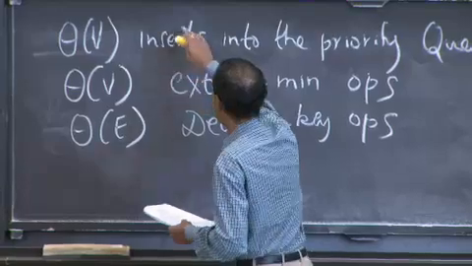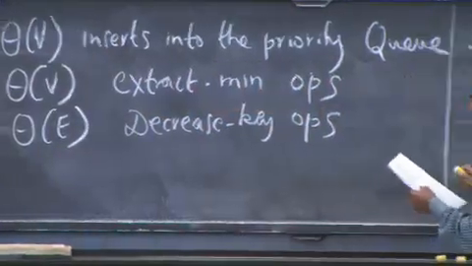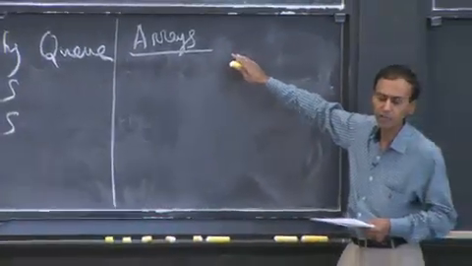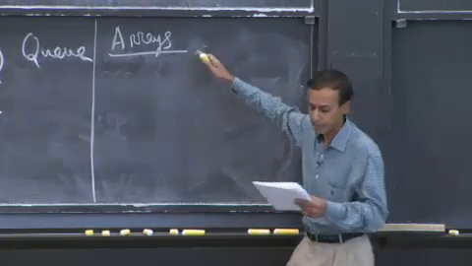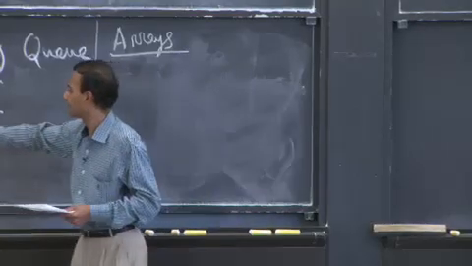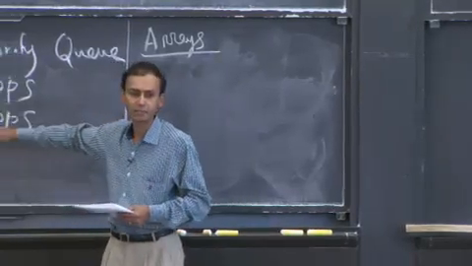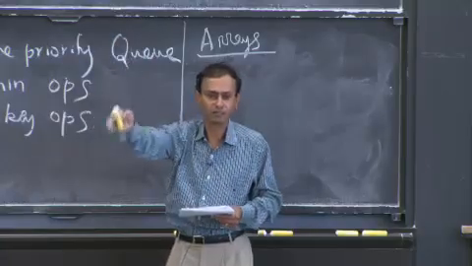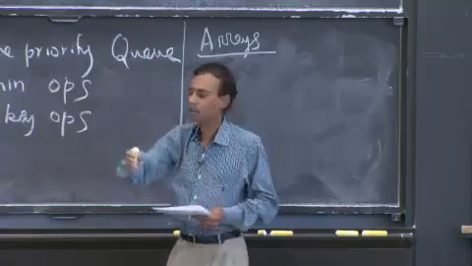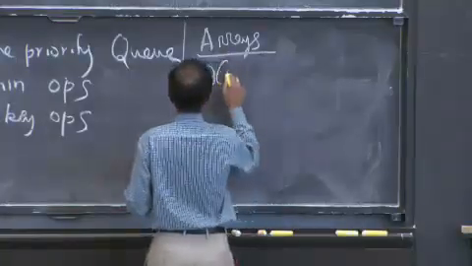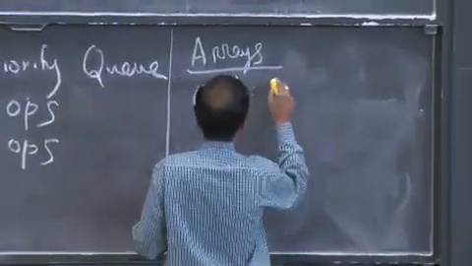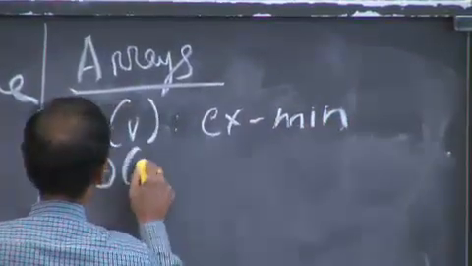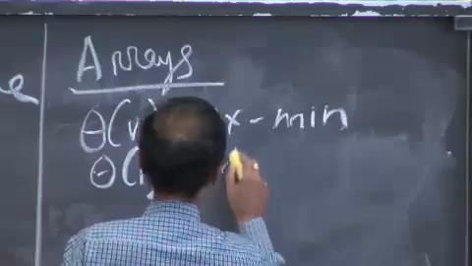If I look at my extract min, what is the complexity of extract min in an array? Theta V. And what's the complexity of a decrease key in an array? I just go access that element and I change it. It's theta 1, right? So I have theta V for extract min, I'll just call it ex min, and theta 1 for decrease key.